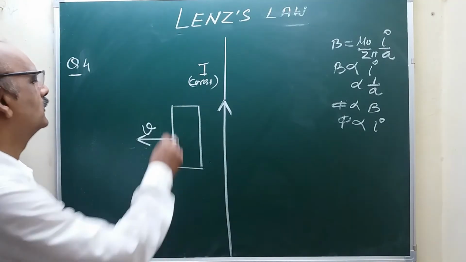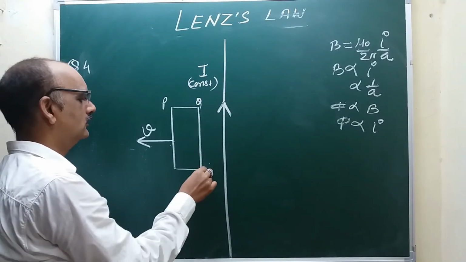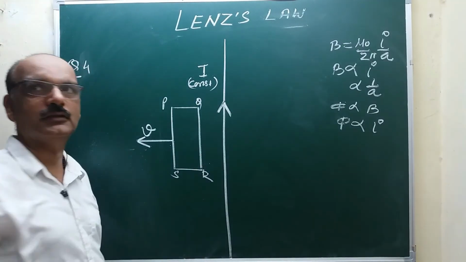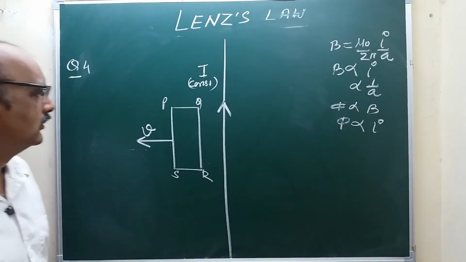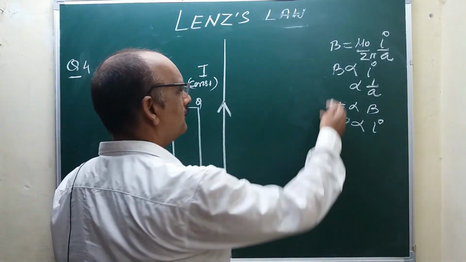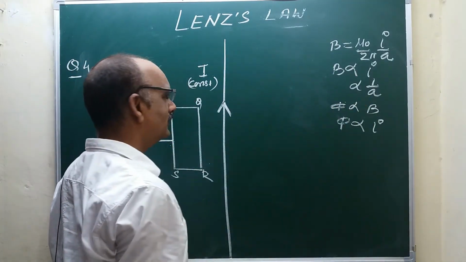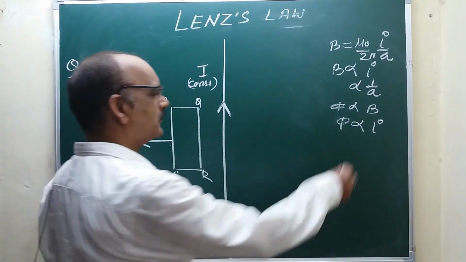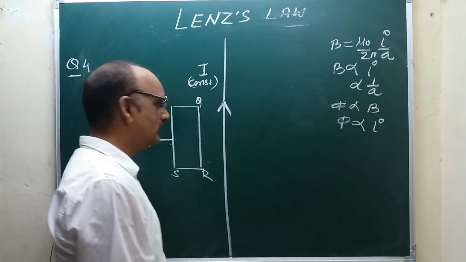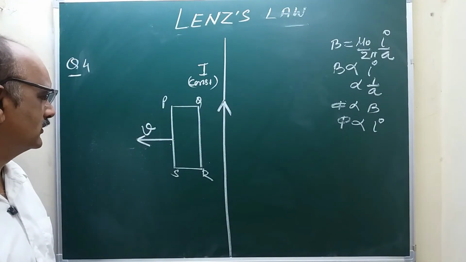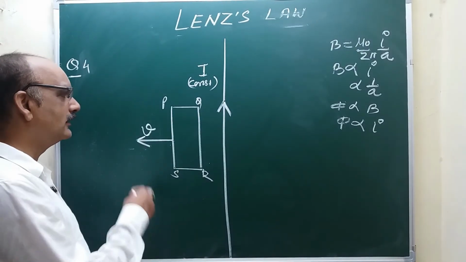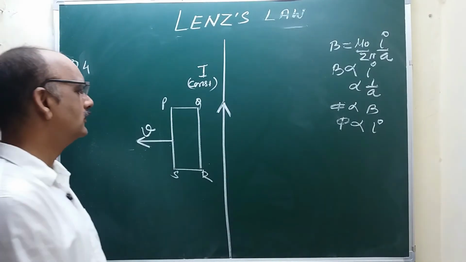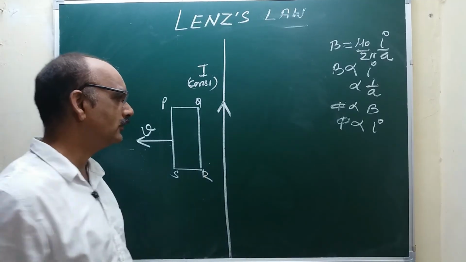Clear? This coil is P, Q, R and S. Now, B is directly proportional to I. B is inversely proportional to distance. If this distance is increasing, the magnetic field due to this current carrying wire will also decrease.